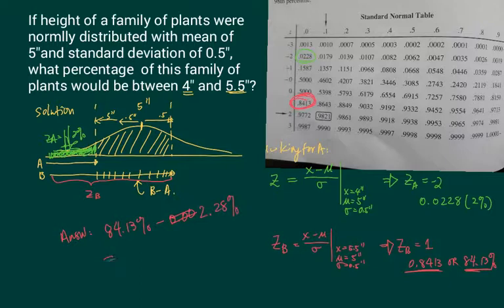And here's our answer, which is 81.85%. So to fall into a height between 4 and 5.5, our answer is 81.85%. Well, I hope this one helps.